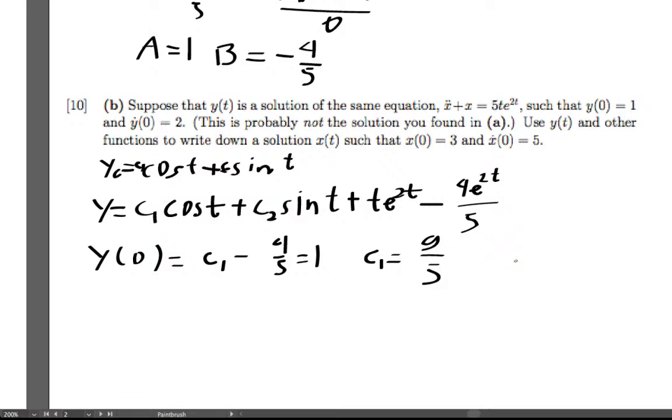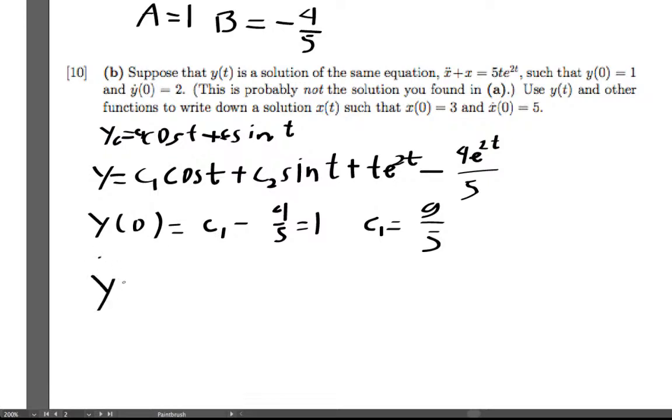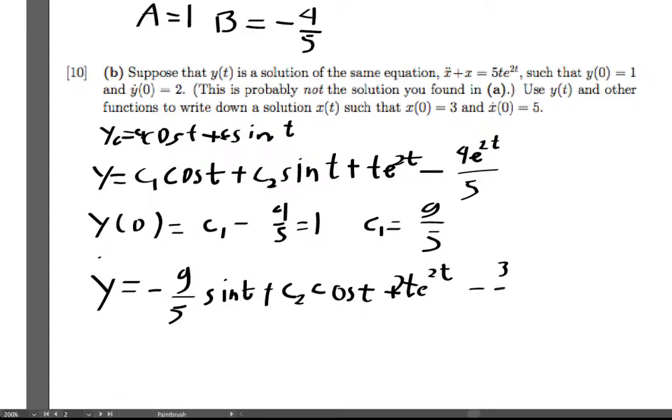That would be negative 9 over 5 sine t plus c2 cosine t plus e to the power of 2t plus 2t e to the power of 2t minus 8 over 5 e to the 2t. So y dot would equal minus 9 over 5 sine t plus c2 cosine t plus 2t e to the power of 2t minus 3 over 5 e to the power of 2t.